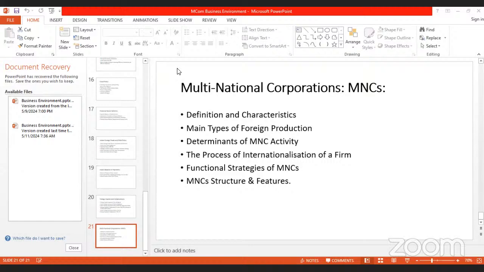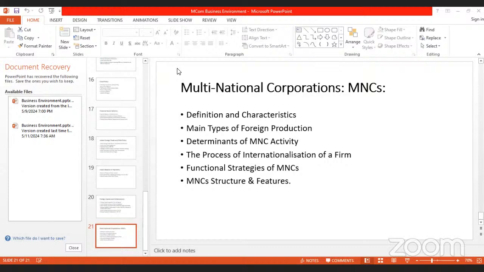Where operations are spread across countries, strategic decisions are usually centralized at the headquarters. Then it is large scale operations. MNCs have a significant economic clout, often operating on a large scale in terms of production, revenue, and workforce.